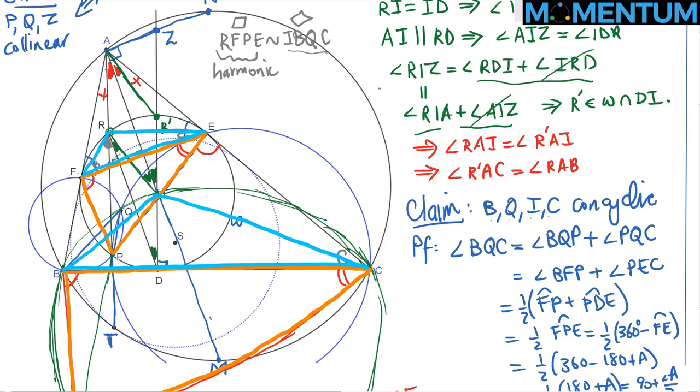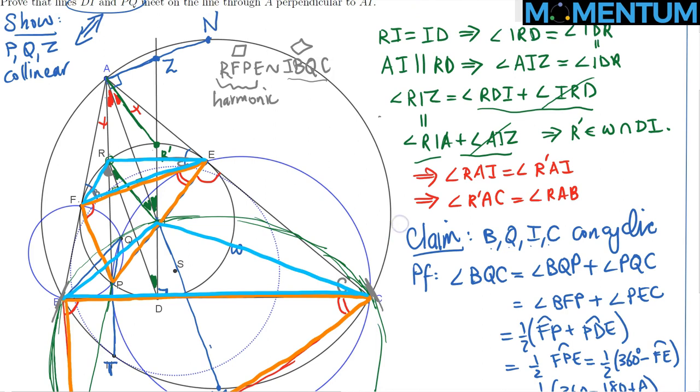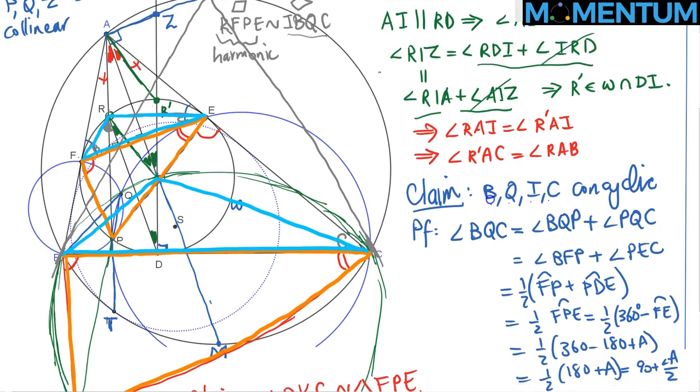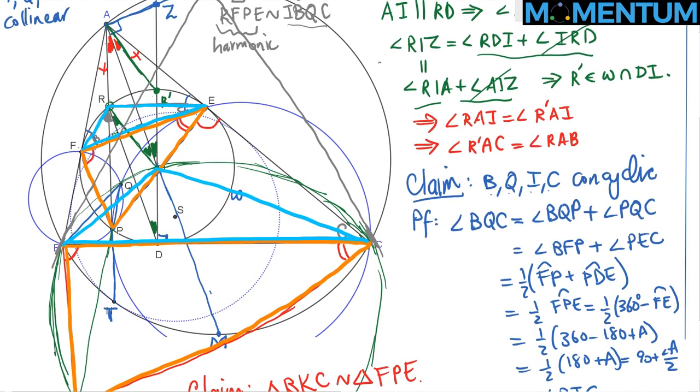But then that brings to mind, why don't we just draw tangents at B and C to the circumcircle of BQIC? And indeed, if you draw these circles and do your angle chasing, you would see that they meet at the point N. It's very easy to show, because the tangency would be 90 degrees.